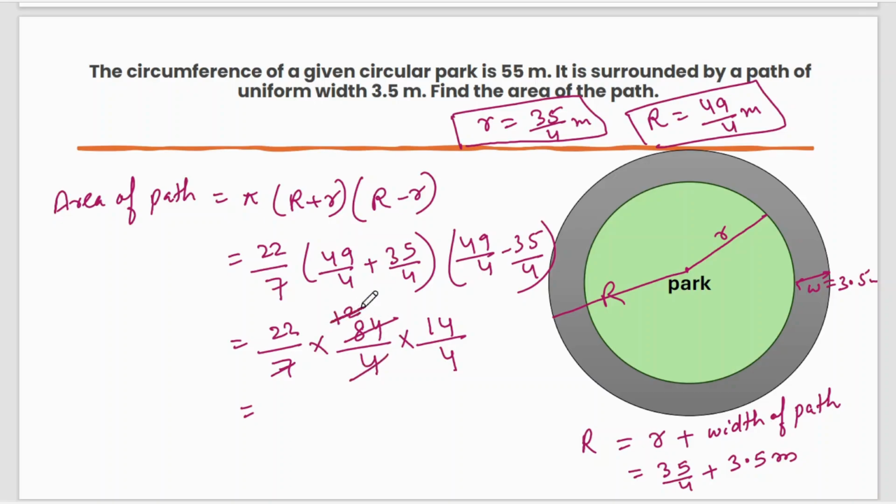Then this will cancel by 3 times. 2 sevens are 14, and this you will have 11. So you are left with 21 into 11. This is 231, and this is your meter square. Okay, so finally you have got the answer 231 meter square.